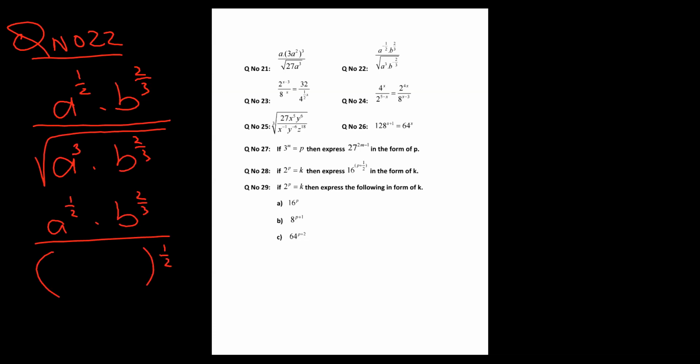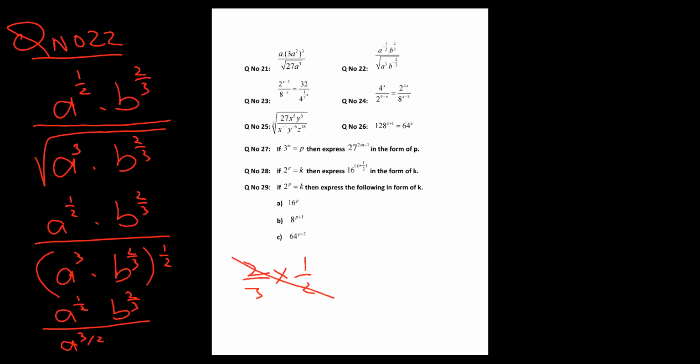All of you know why I'm writing half, because root is half. Because inside a multiply sign, I can give this power to both. So I can say a to power half, b to power 2 by 3. This half multiplied with that becomes a to power 3 by 2. And b, 2 by 3 into 1 by 2, the 2s cancel, only b to power 1 by 3.